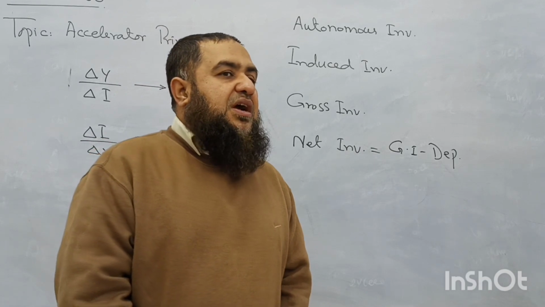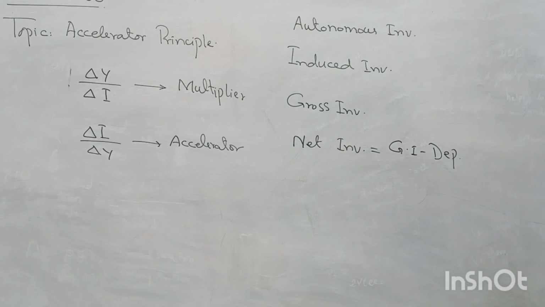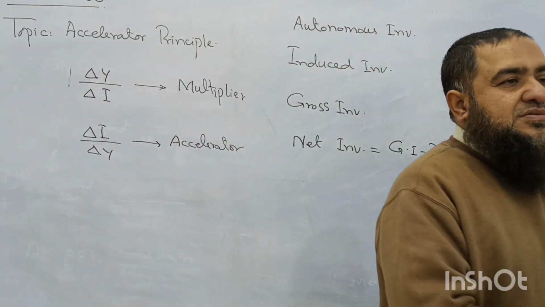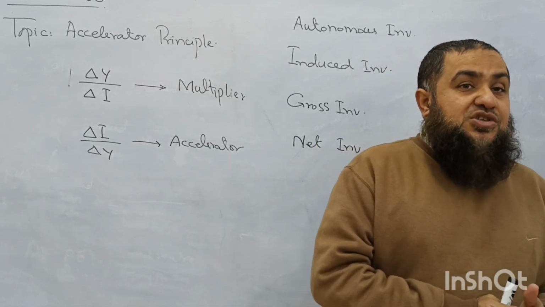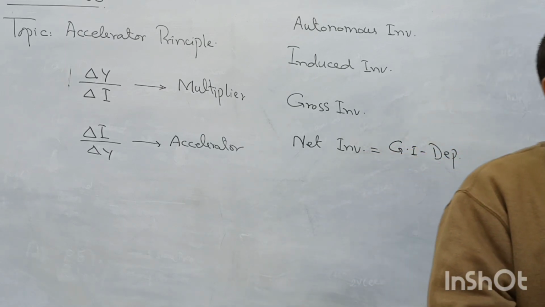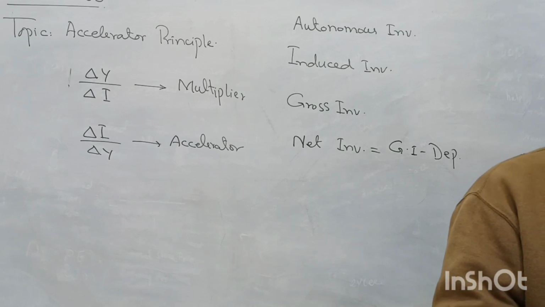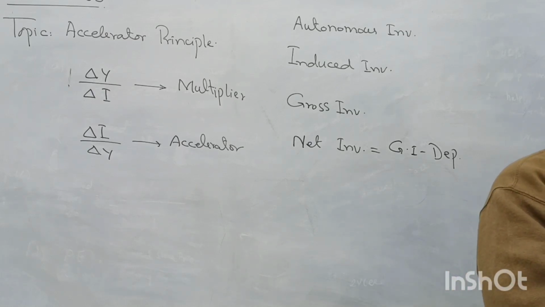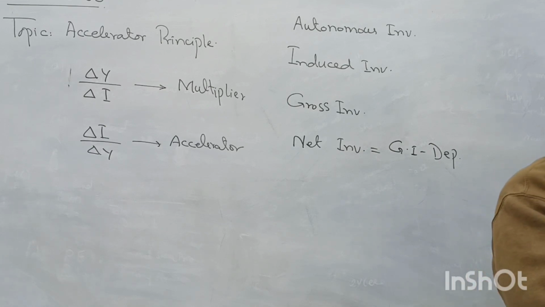For example, there are 10 machines which are working in a firm. After a year, 3 are depreciated. The entrepreneur has brought in 5 new machines. So 3 have been replaced due to depreciation. So how much has the net investment increased? By 2 machines. When we are bringing new machines as a replacement of those depreciated machines, this is called replacement investment.